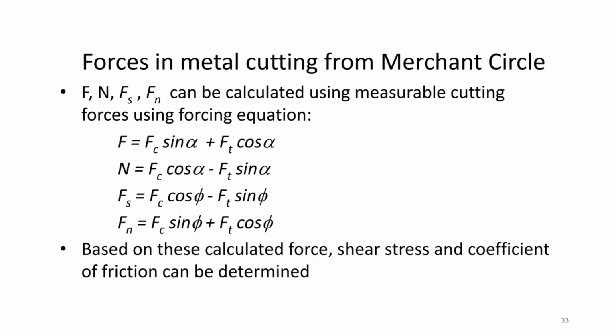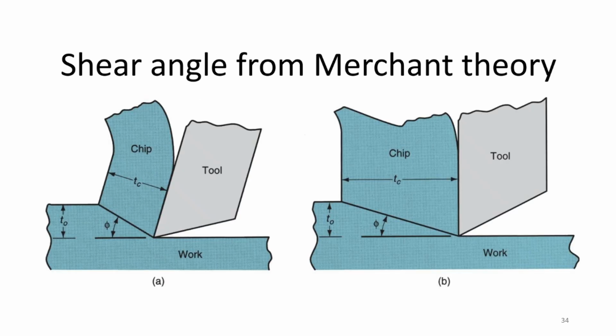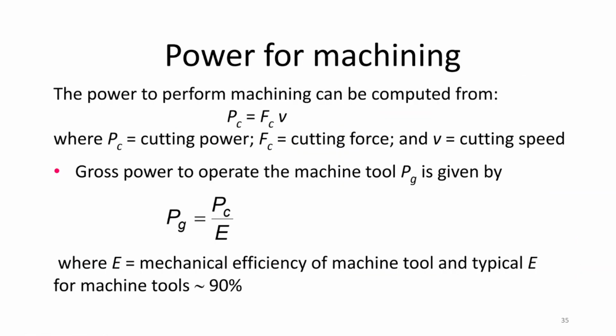Based on these calculated forces, shear stress and coefficient of friction can be determined. Next is shear angle from the Merchant theory. Here chip thickness and shear angle are given.